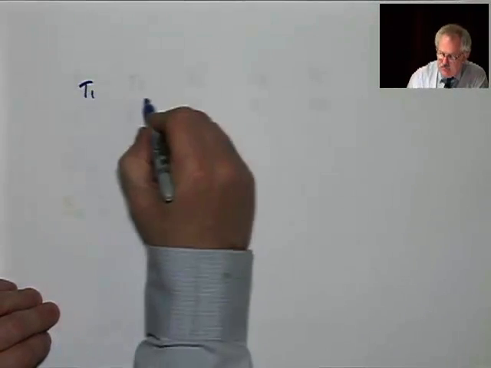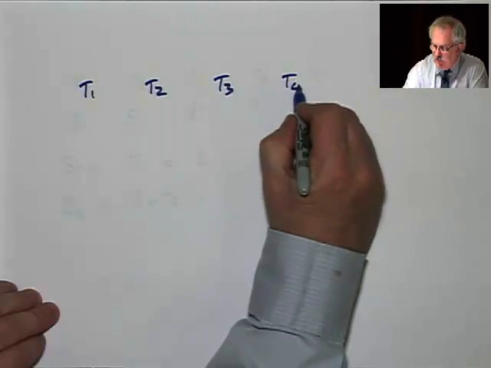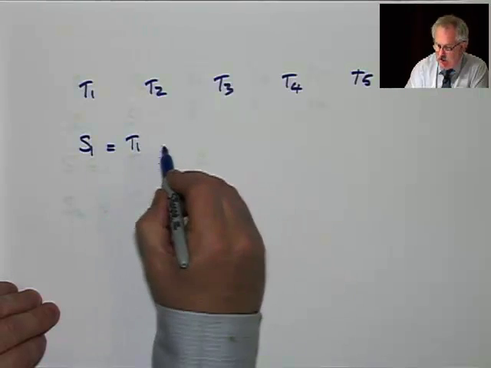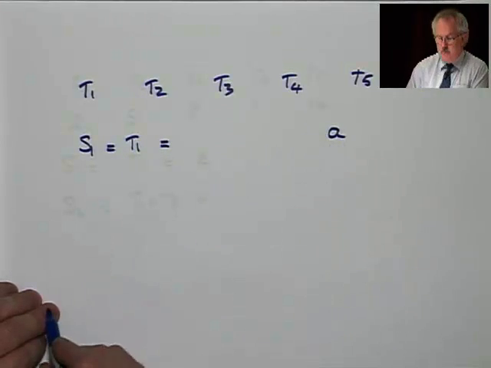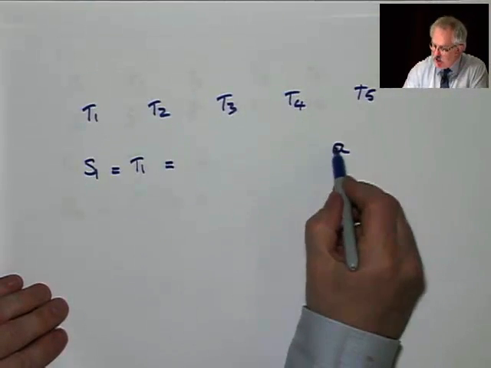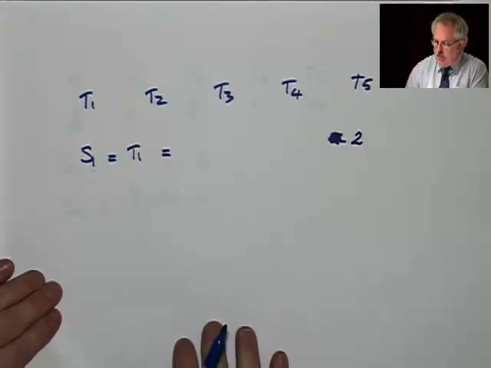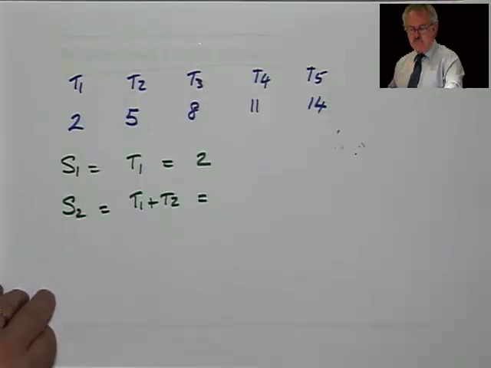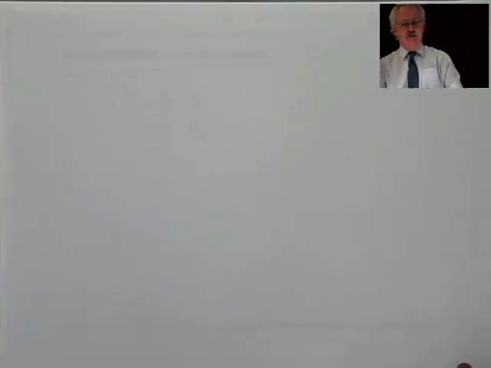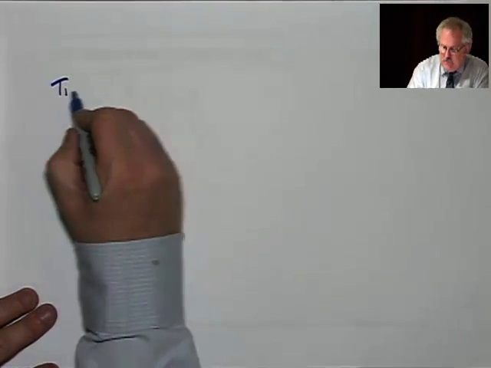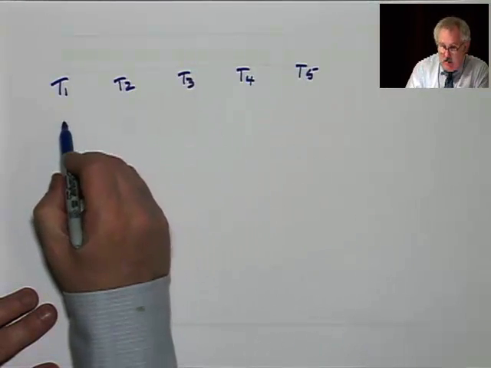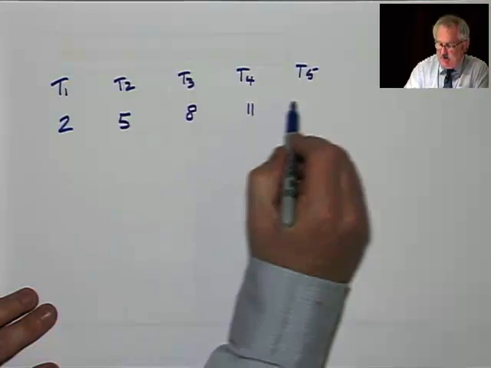I just want the layout to be a bit different, so bear with me. It's just for the presentation, so you'll see it more visually this way. T1, T2, T3, T4, T5: 2, 5, 8, 11, 14.